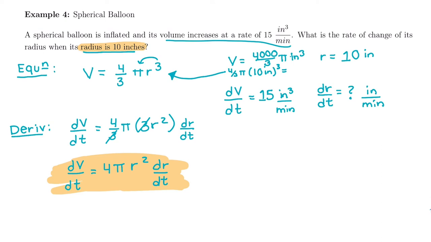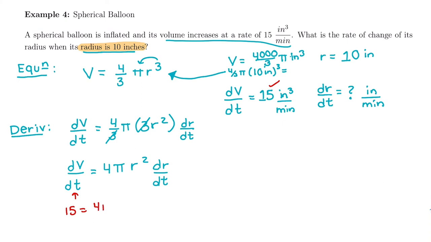Now I'm going to jump into the derivative and actually figure out the answer to this problem. How fast is the radius changing? So going into my derivative down there, I want to replace in these letters from the letters that were given up here. So we know dv dt is 15, so I'm going to replace that with the 15 from above. So we plug that in.